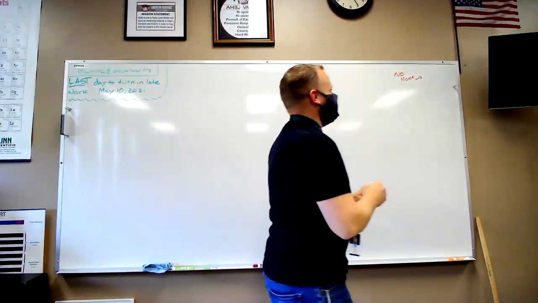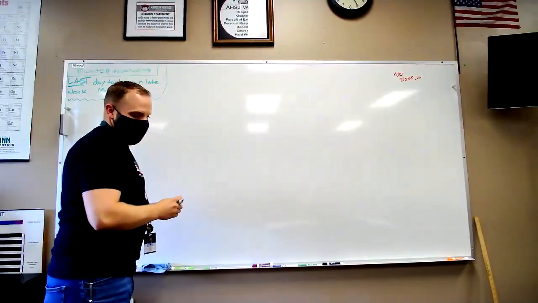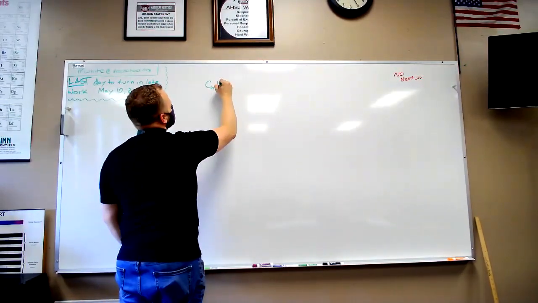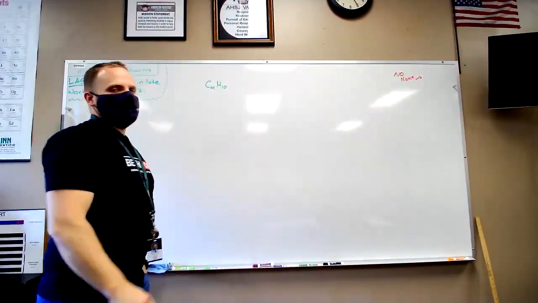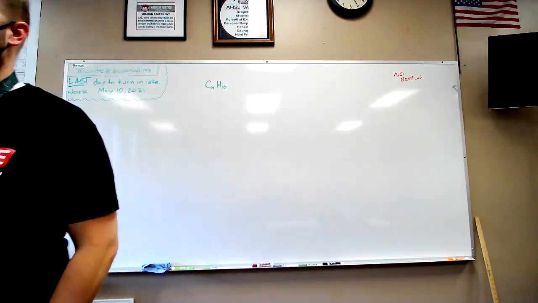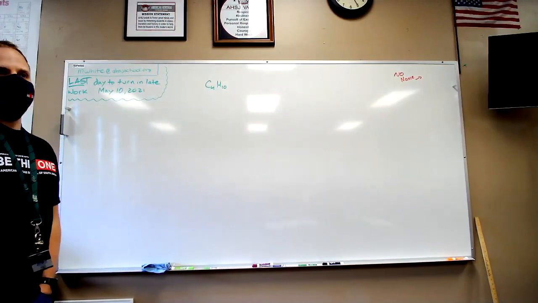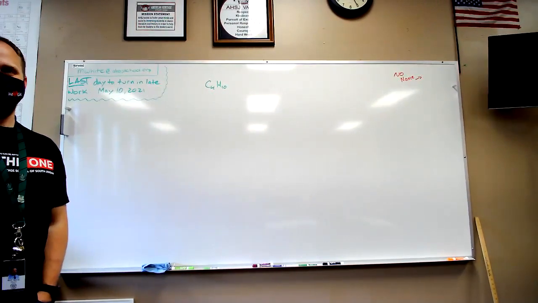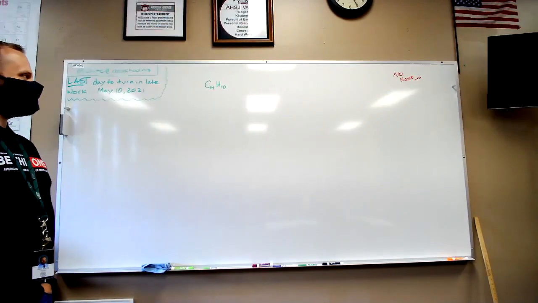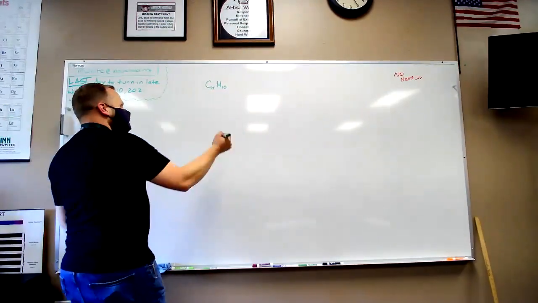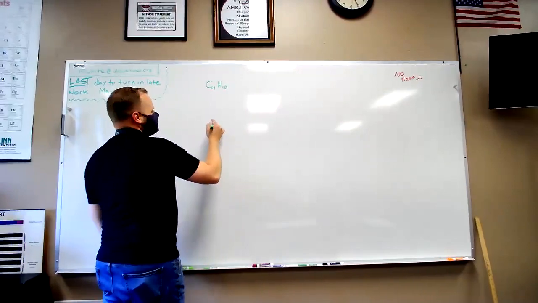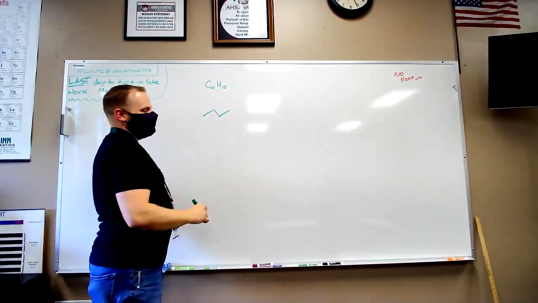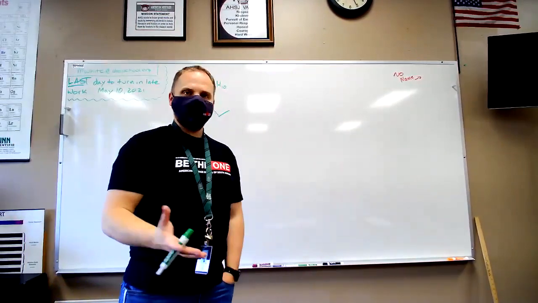So let's look at C4H10. Wow. It's a big one. It's not that big. So if we have 4 carbons and 10 hydrogens, you can arrange them like that.